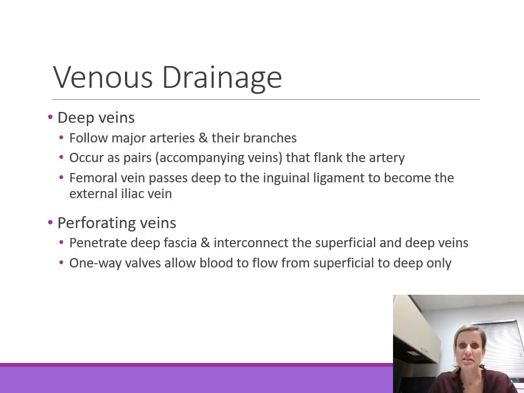The deep veins of the leg, again, follow the major arteries and their branches. So the femoral vein, anterior tibial, posterior tibial, popliteal. When we look at the deep veins of the leg, they typically occur as pairs. So there's not just one anterior tibial vein or posterior tibial vein.